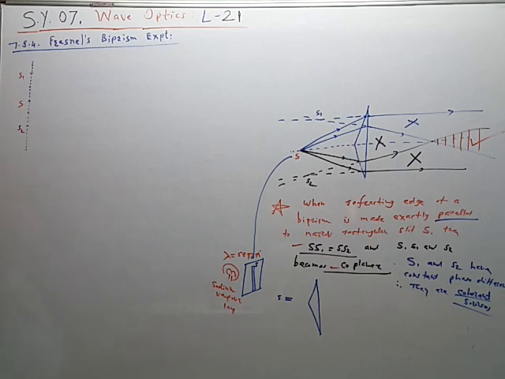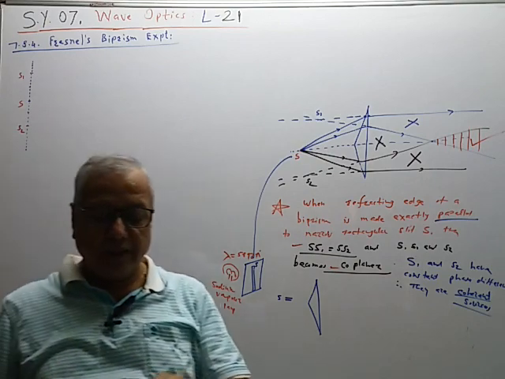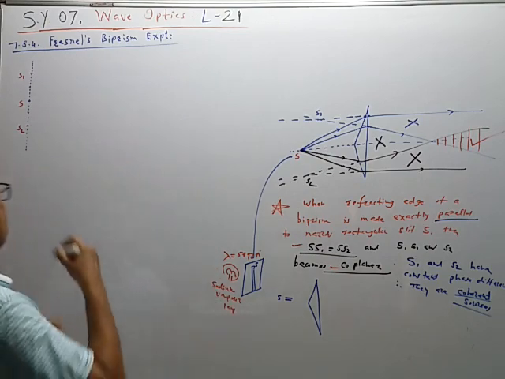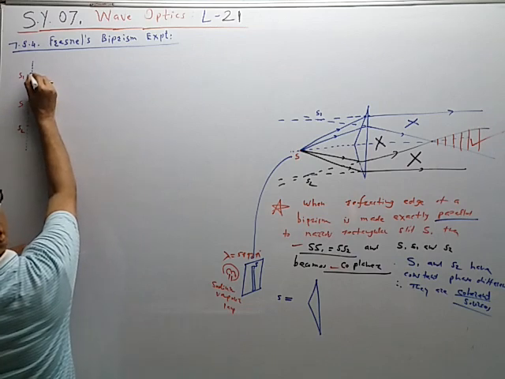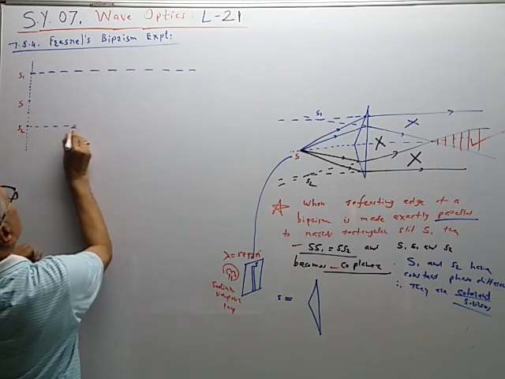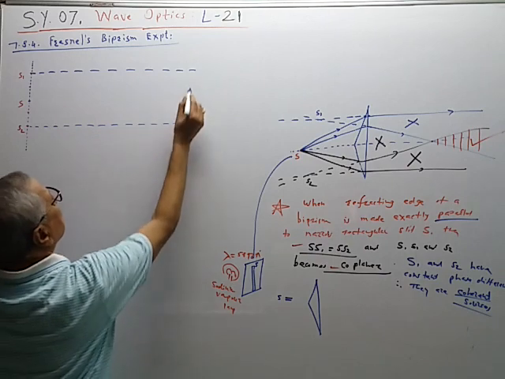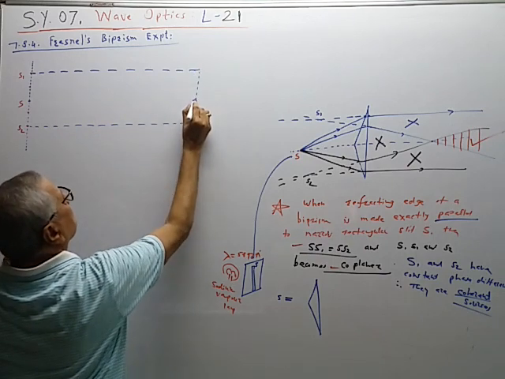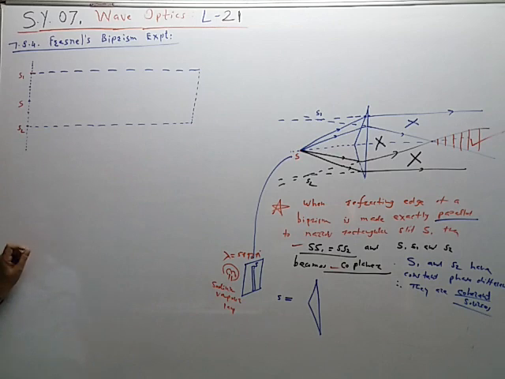Now we have to complete the remaining diagram. So first I will complete a dotted rectangle. So S1, S2 and S are marked like this.